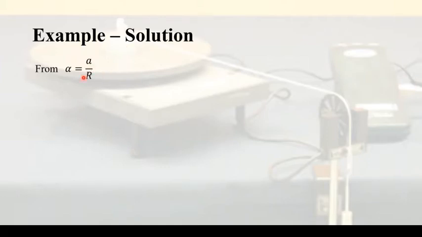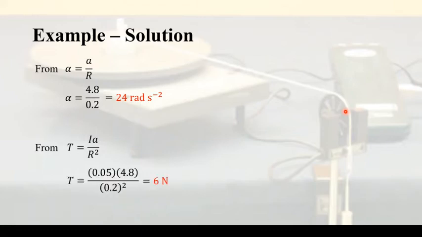We know that alpha equals A over R, where this R is the R for the disc. So alpha equals 4.8 divided by 0.2, which gives 24 radians per second squared. And lastly, you can calculate the tension, question C. Tension equals IA over R squared, which is 0.05 times 4.8 divided by 0.2 squared. At last, you get T equals 6 Newtons.